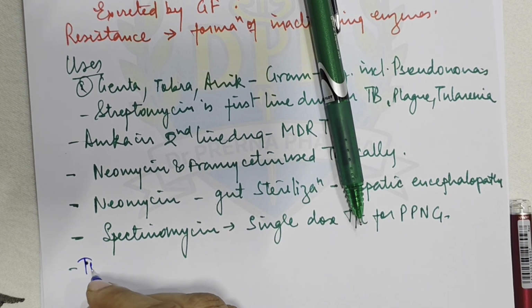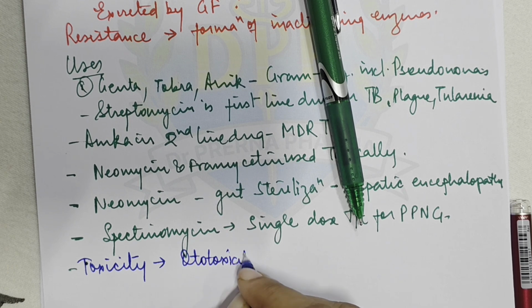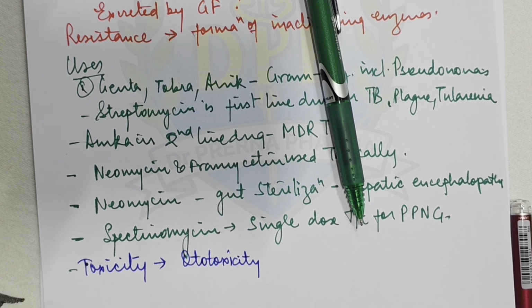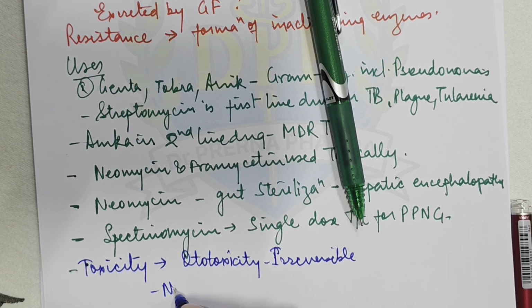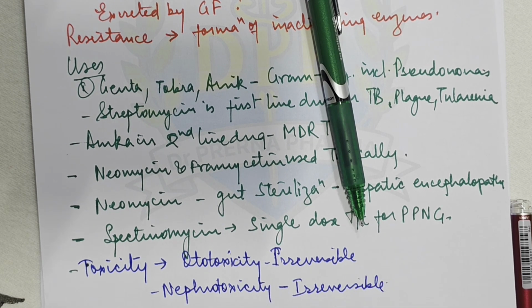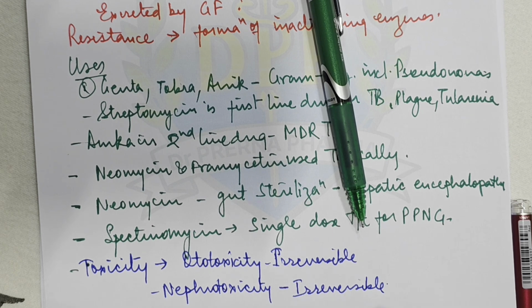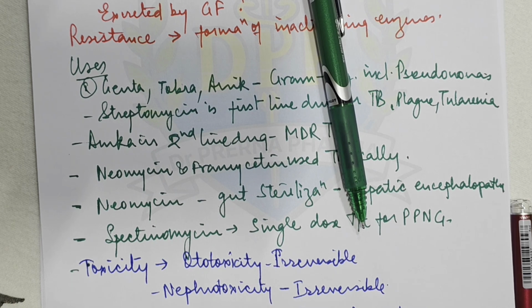Coming to the toxicity. What are the toxicities? So they cause ototoxicity, that is damage to the hair cells, and it occurs when it is being used for a long duration. Now this ototoxicity is usually irreversible also. Then there is nephrotoxicity. It is almost always irreversible. Okay? And the third thing is neuromuscular blockade. Now this is usually rare, but it can result in severe respiratory depression.